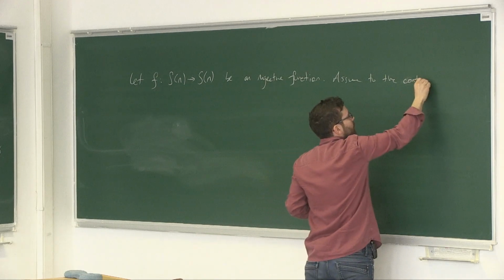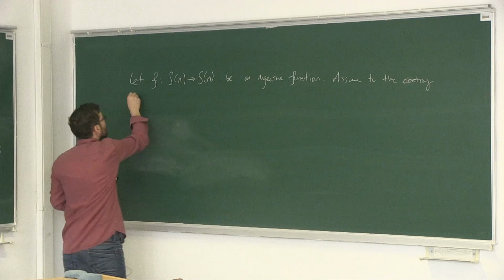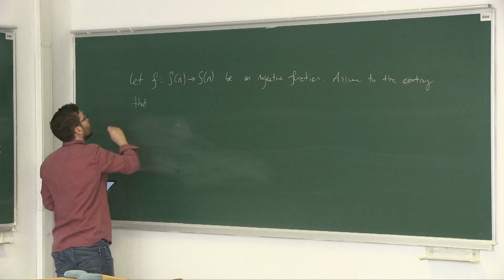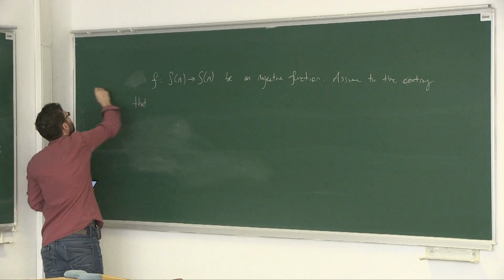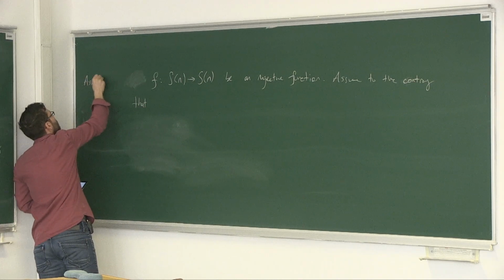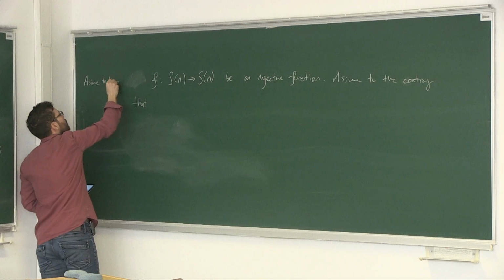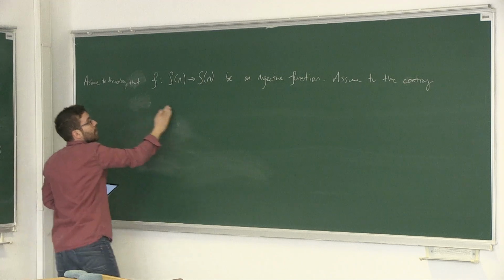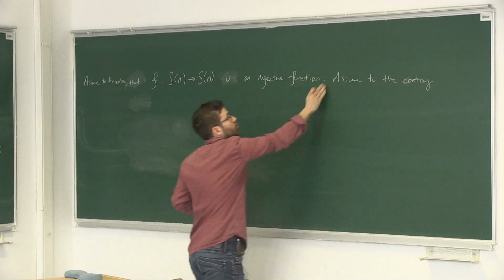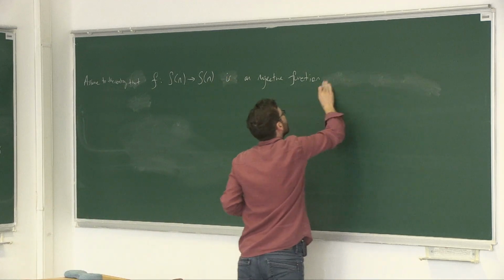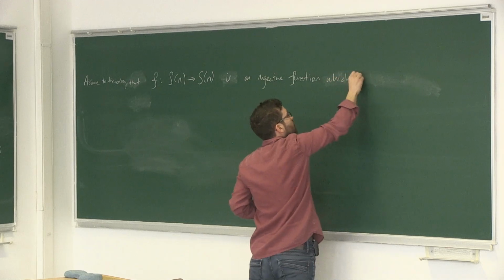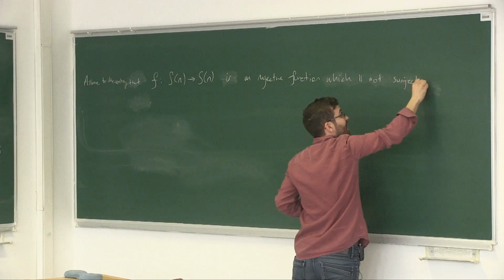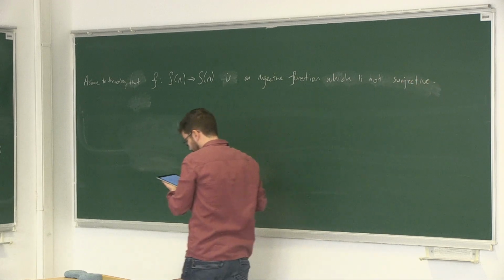Assume to the contrary that this is not a surjection. Assume to the contrary that f is an injective function which is not surjective. So assume that the claim does not hold for successor of n.